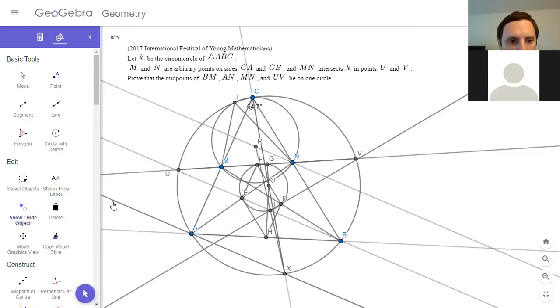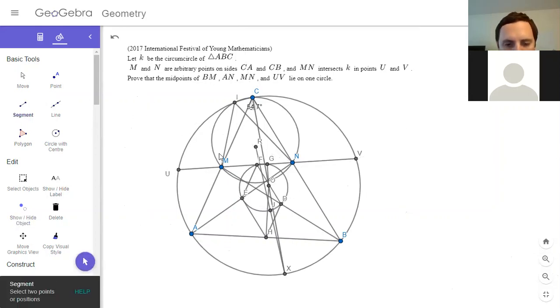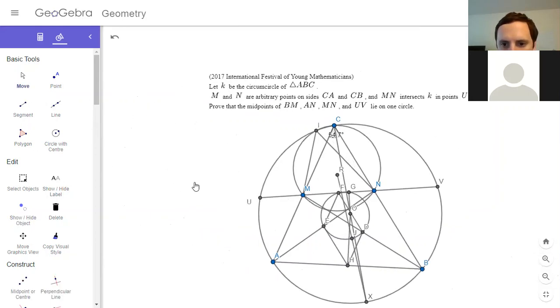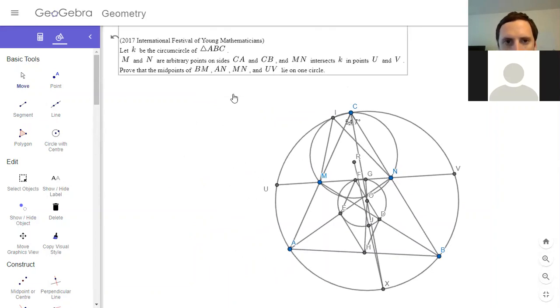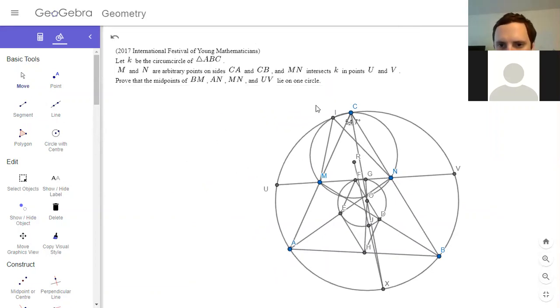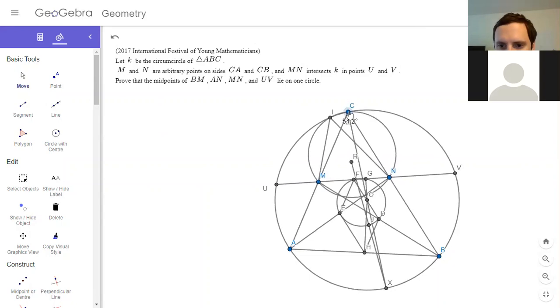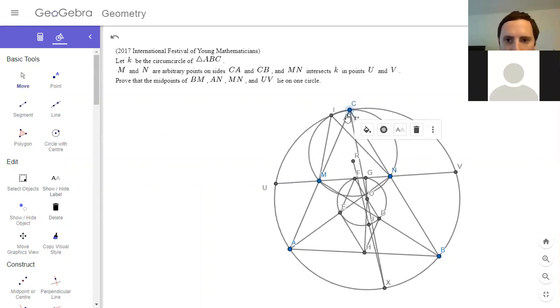Let me type up a bunch of stuff here. So we don't need point I, we don't need this circle.